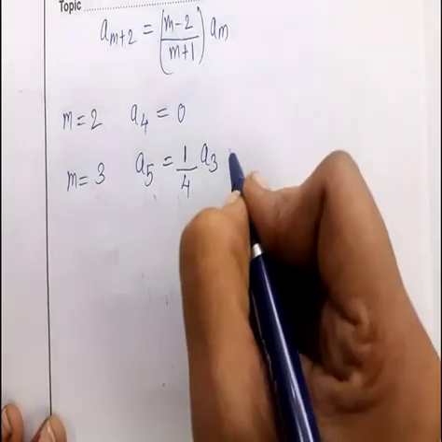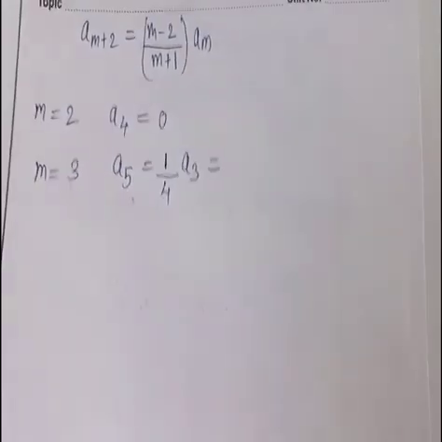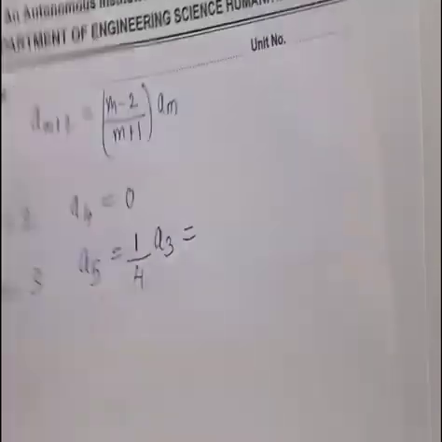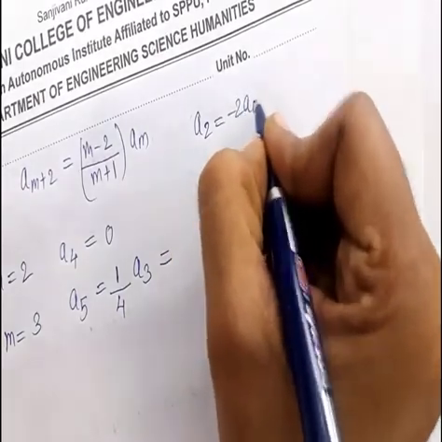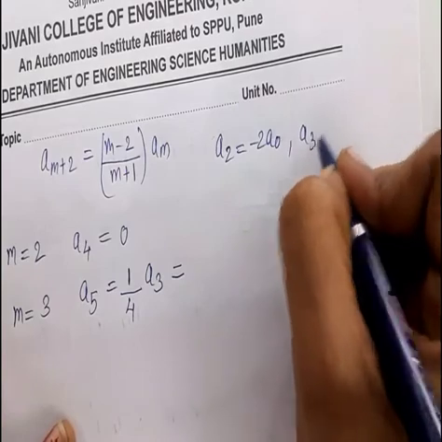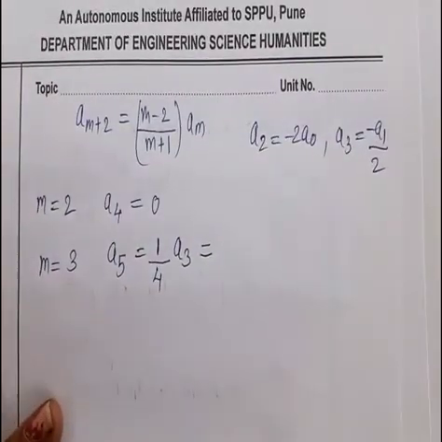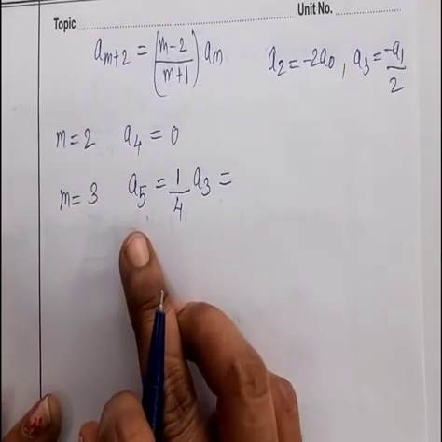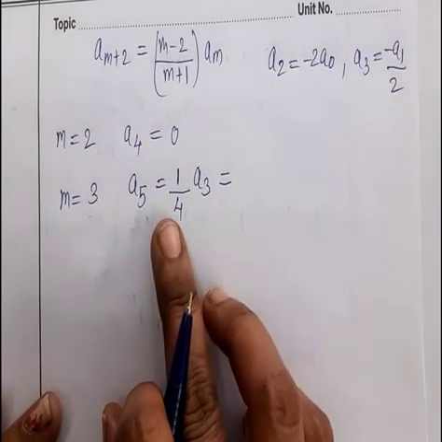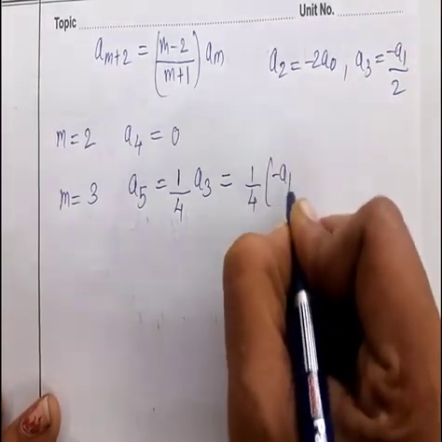What is the value of a3? a3 and a2 we got. So a2 is equal to minus of 2a0 and a3 is equal to minus of a1 divided by 2. So remember these two terms. a5 is equal to 1 by 4 times a3, so it is equal to 1 by 4 times minus a1 by 2.